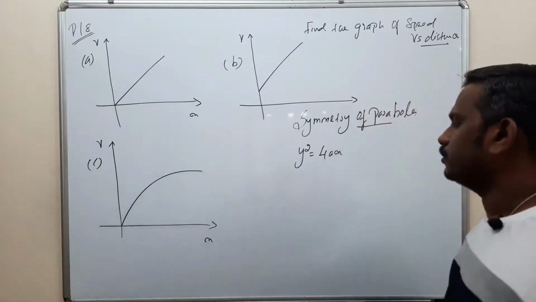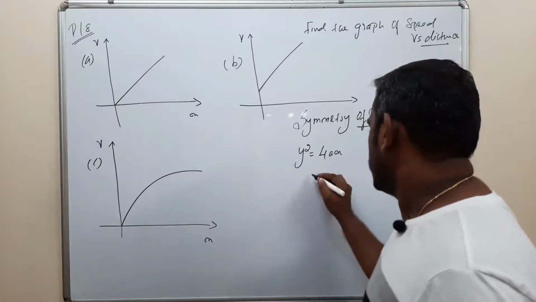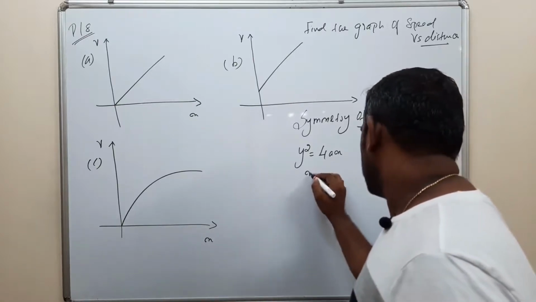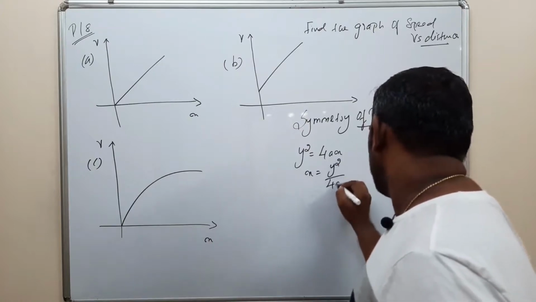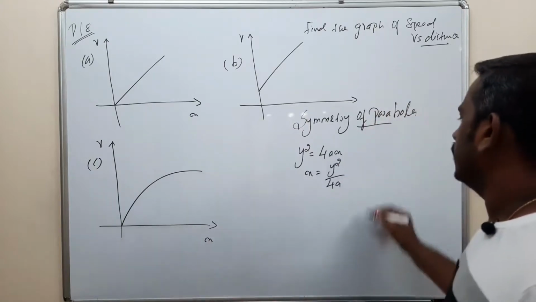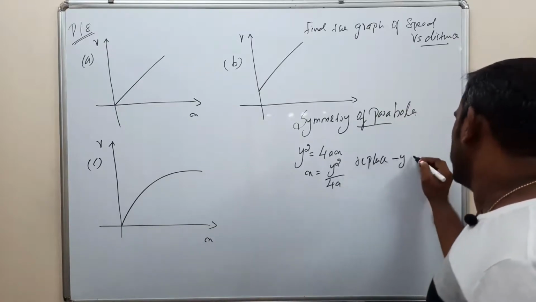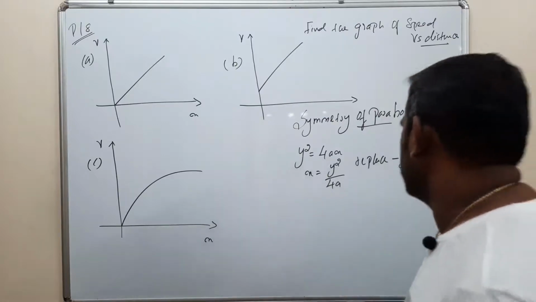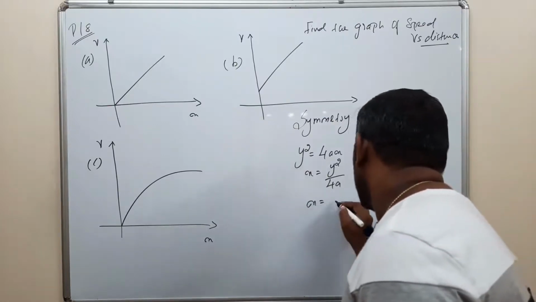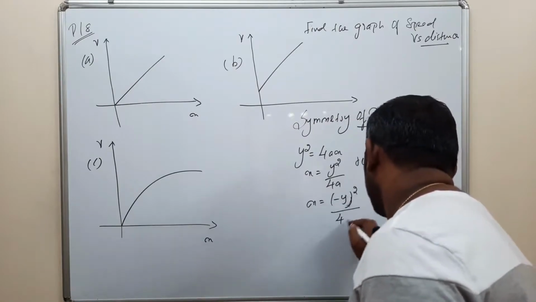So x equal to y square by 4a. Replace minus y with y. So x equal to minus y square divided by 4a.